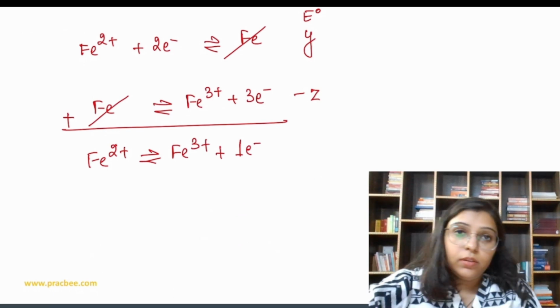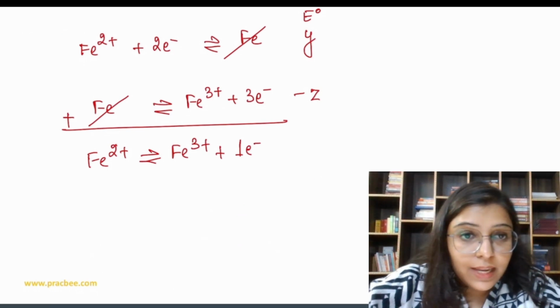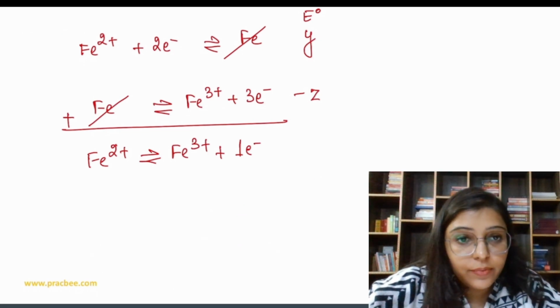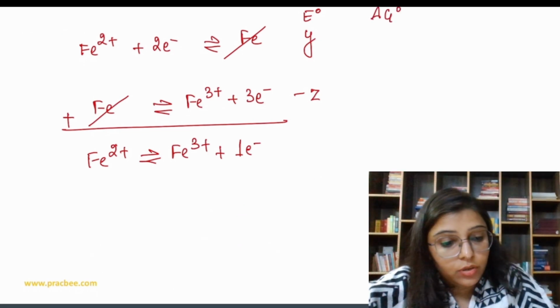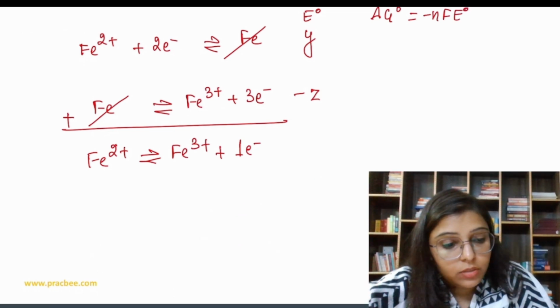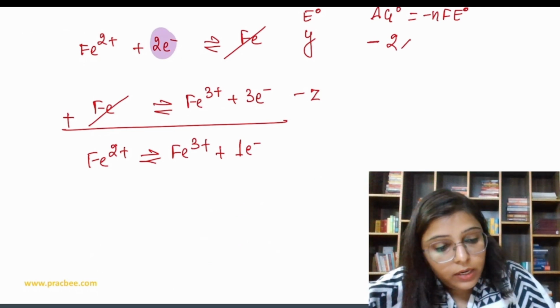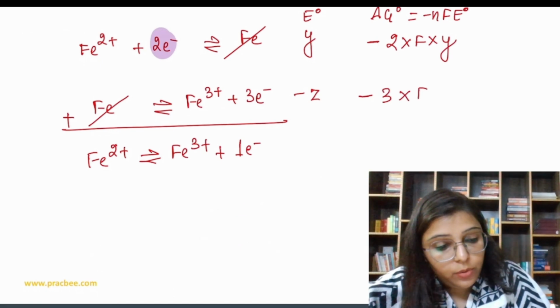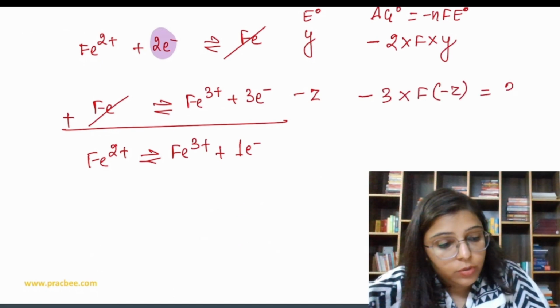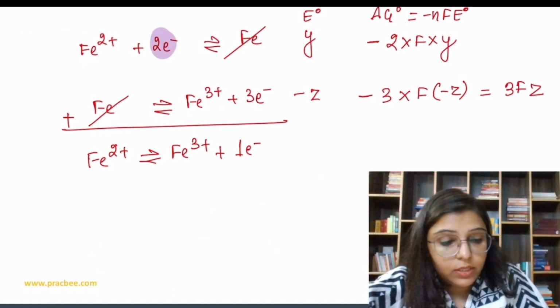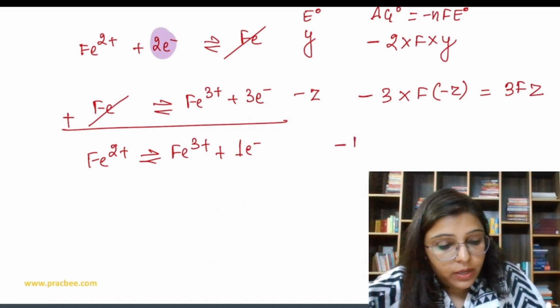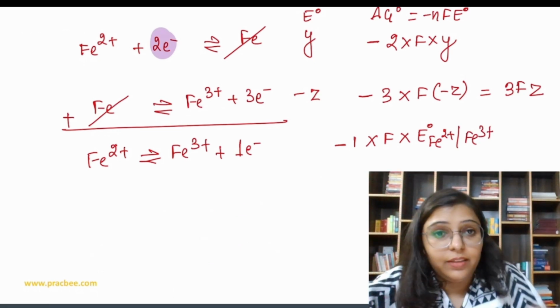As we know, E naught cell is an intensive property, so it cannot be added or subtracted. So we have to find delta G naught, which is equal to minus nF E naught cell. So this is going to be minus 2 because of 2 electrons, into F into y, and this is minus 3 into F into minus z, which is equal to 3Fz. And for this one, minus 1 into F into E naught of Fe2 plus to Fe3 plus, which is the required thing.